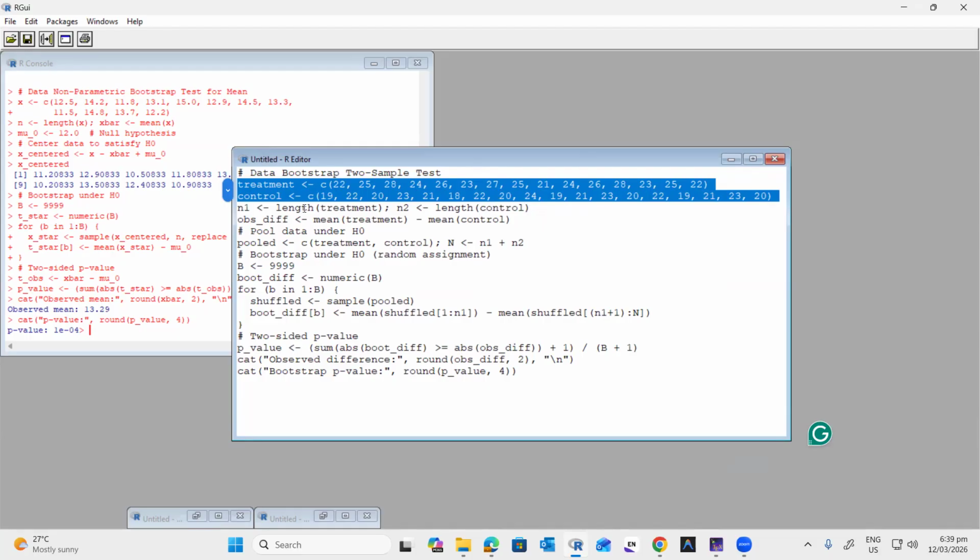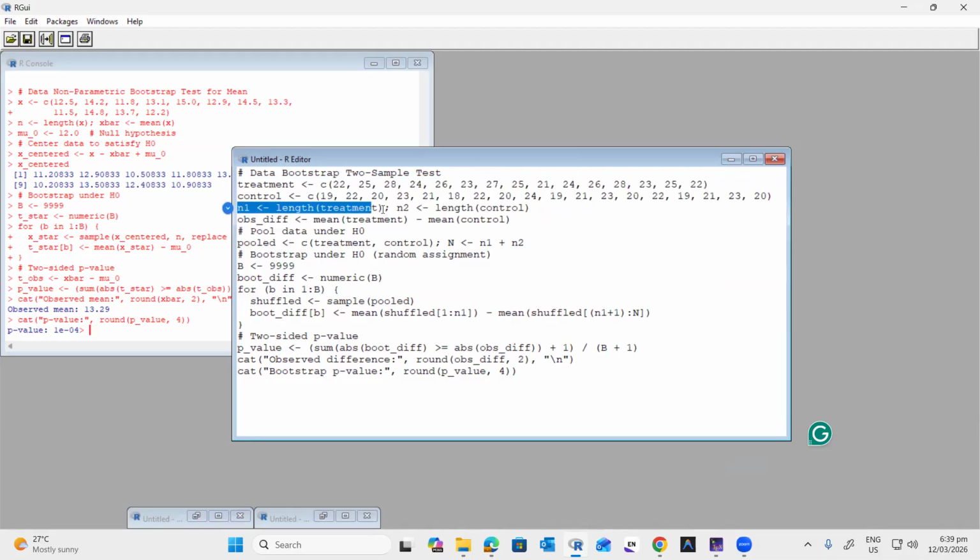After that, we have N1, the length of treatment, and N2, the length of the control vector. N1 and N2 store the sample sizes of the treatment and control groups. Then we have the observed difference, the test statistic: the difference between the sample means, x bar of treatment minus x bar of control. This quantifies the observed effect in the original data.